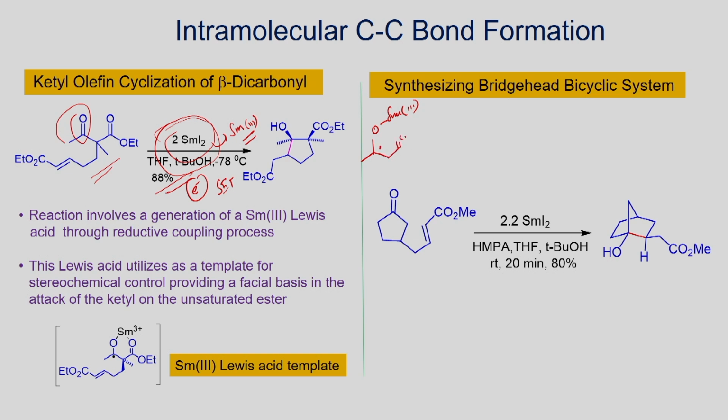Once you form this radical, this radical can undergo intramolecular cyclization, and will be able to form a cyclic product by exocyclization.